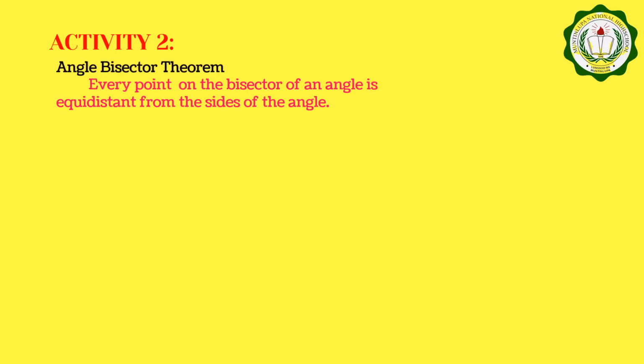Okay, let's now move on to activity number 2. Let us now prove the next theorem, the angle bisector theorem, which states that every point on the bisector of an angle is equidistant from the sides of the angle. So let us illustrate the theorem. Of course, it talks about an angle and its bisector. So we can have angle ABC first and ray BD being its bisector.